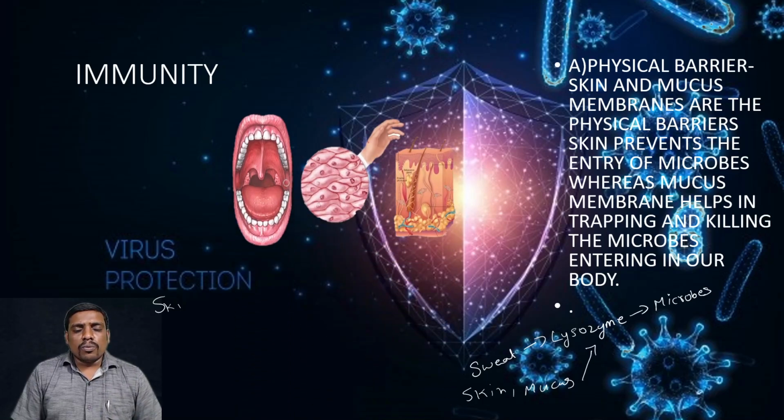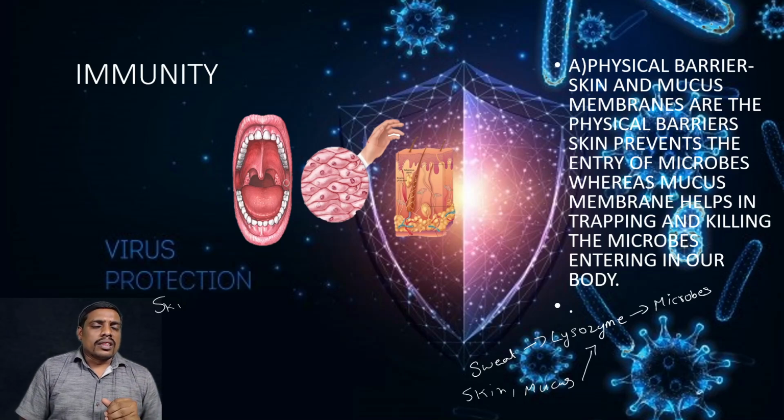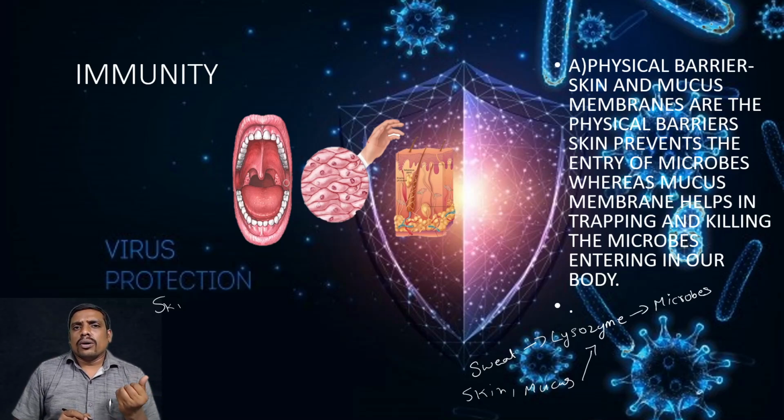Now let me say one more point. The mucous membrane is present in the entire digestive canal or gastrointestinal tract, and also in the respiratory tract. If you want to know how this mucous membrane looks, take your finger and keep it on your inner cheek. You will feel a smooth layer there.